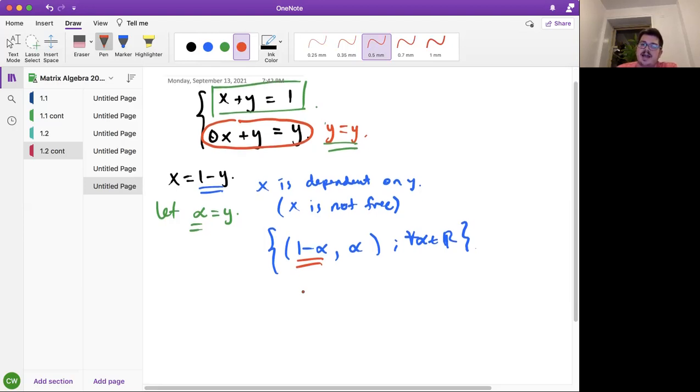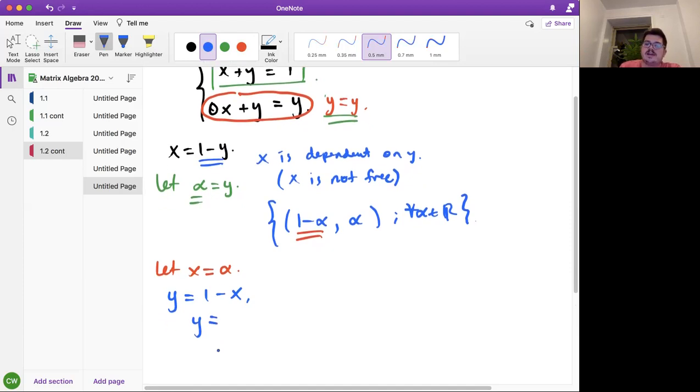Question, did y have to be alpha? What if we let x equal alpha? What would y equal? For y equals 1 minus x, y could equal, or the second coordinate could be 1 minus alpha.